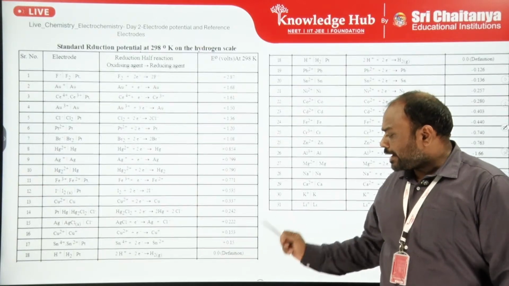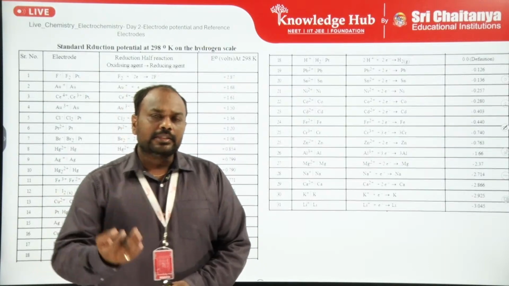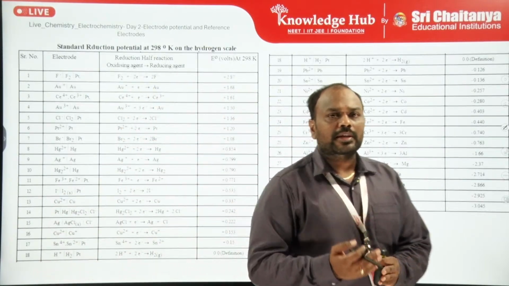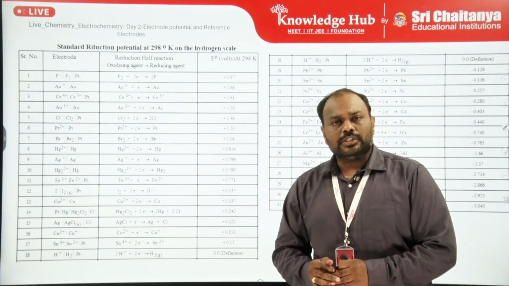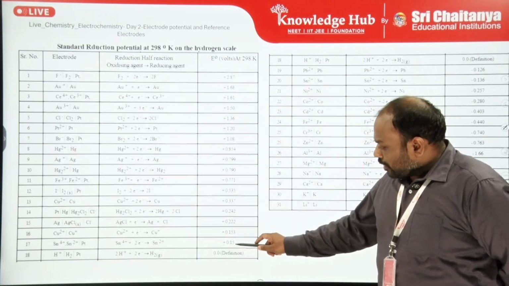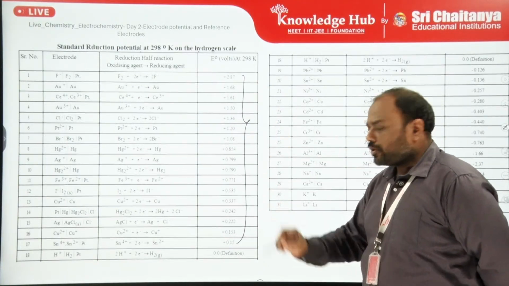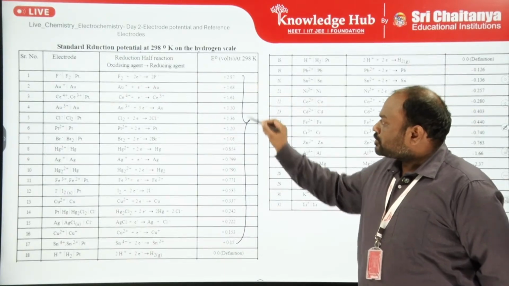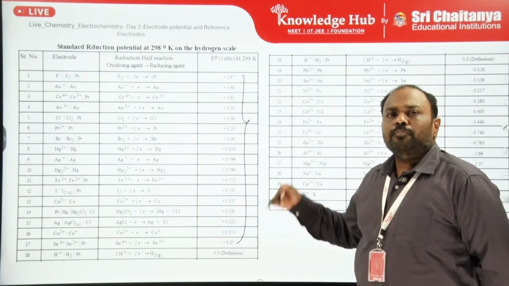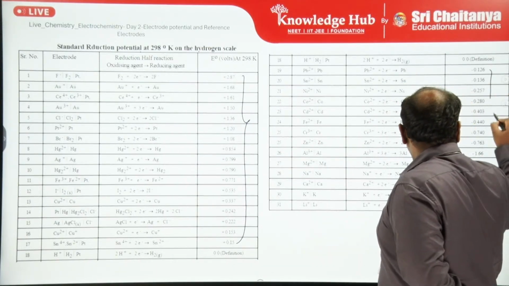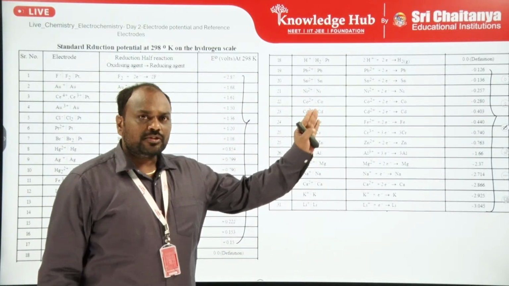They are measured with respect to hydrogen, and we consider which one undergoes reduction and which one undergoes oxidation. Above hydrogen, all these values are positive, and compared to these, all these others are negative. So negative values mean the lowest value.